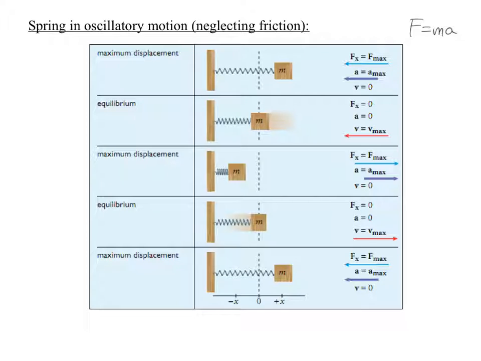At any of those points, when this spring is stretched as far as possible, there's force acting, so there's acceleration, but there's no velocity. So when the spring is at the ends, it's like the object at the top of a parabola, or the top of a one-dimensional toss straight up and down. When it reaches that top, there's no velocity, but there's still acceleration pulling it down. It's like when the spring is stretched. When it's stretched fully, there's no velocity, but there's still acceleration pulling it backward.